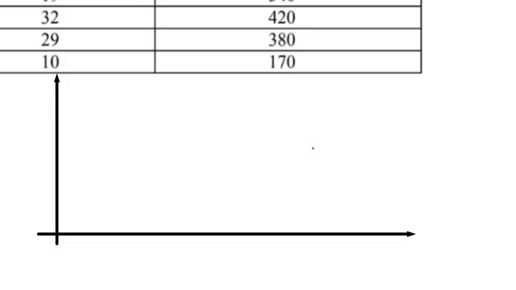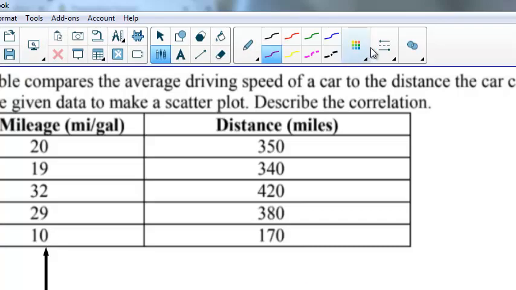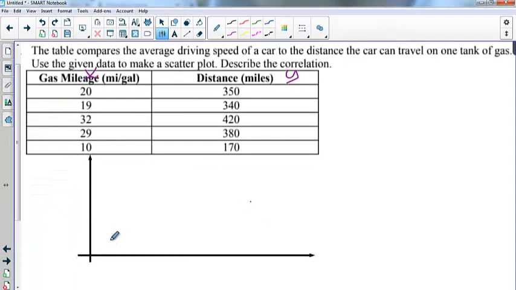Looking at this table, which value is x and which value is y? X is on the left, y is on the right. So what value should I use for my x's across the bottom? Go by tens. So 10, 20, 30, 40.